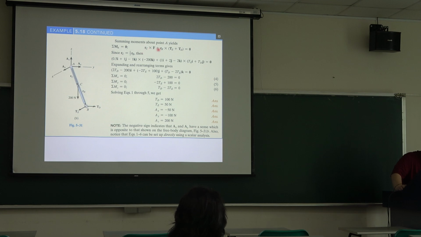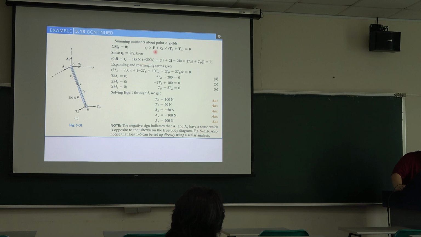If we set the moment point at the point A, we don't care about these three forces because these three forces act at the moment point. So we only consider this force and these two forces, to get the moment about the point A.